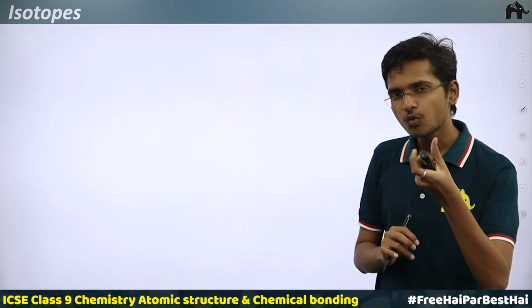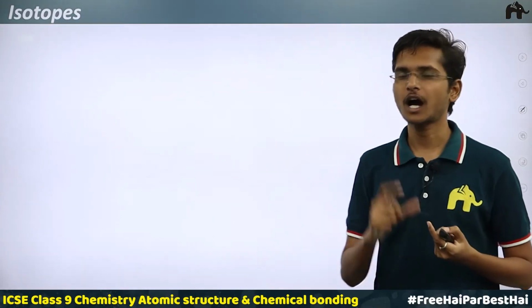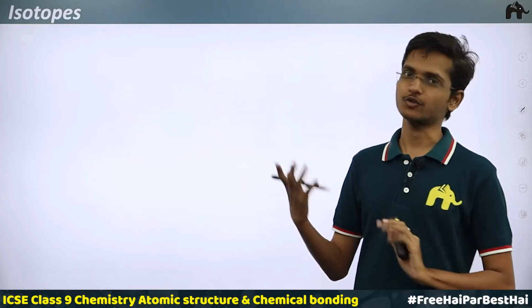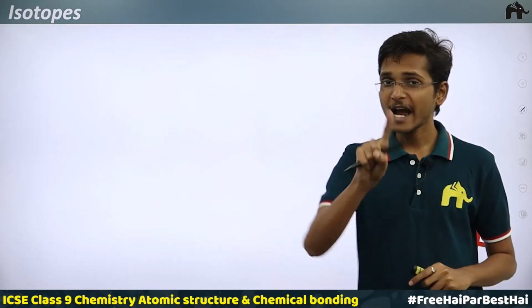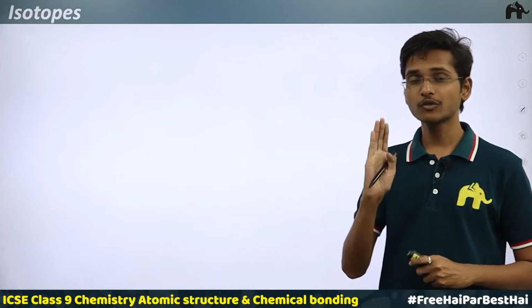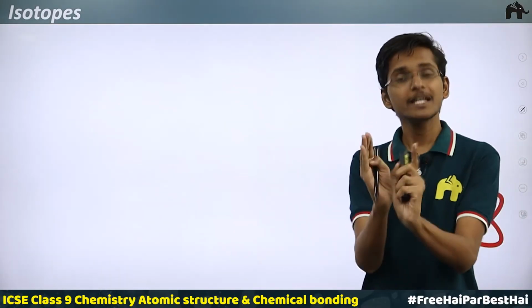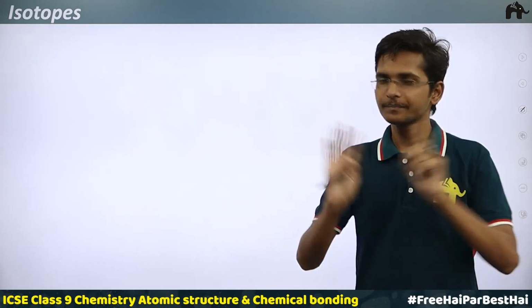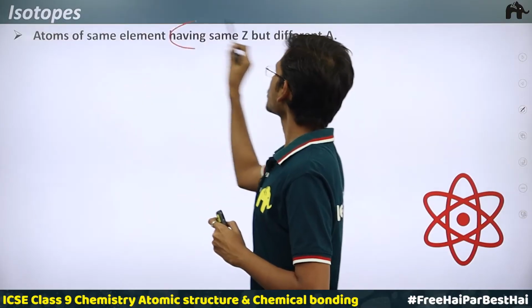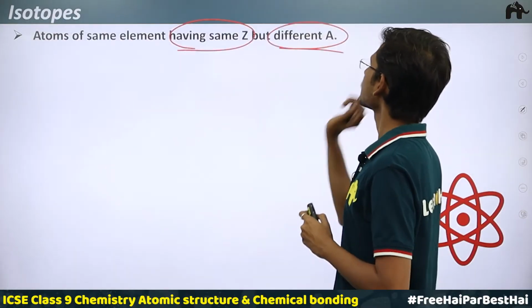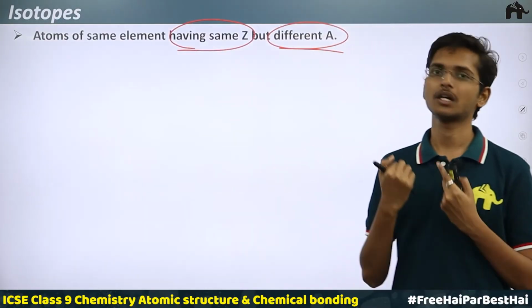In this word itself, I'm going to give you a hint on how to remember what isotopes are. First of all, let's see what isotopes are. Isotopes are the atoms of the same element. You have to remember, atoms of the same element. Clear? But these atoms have the same atomic number but different mass number.